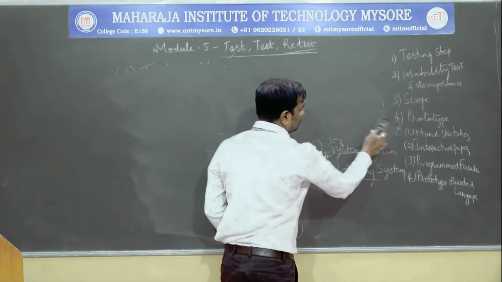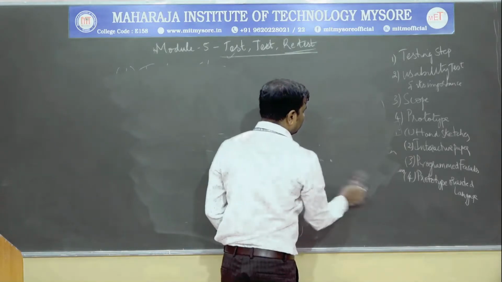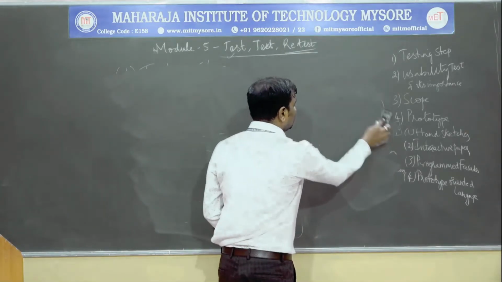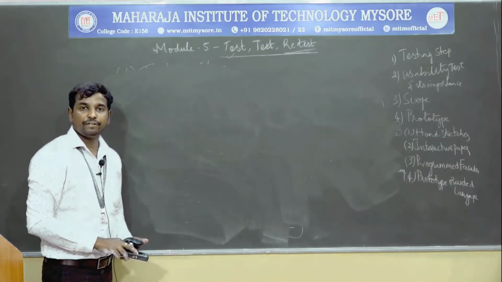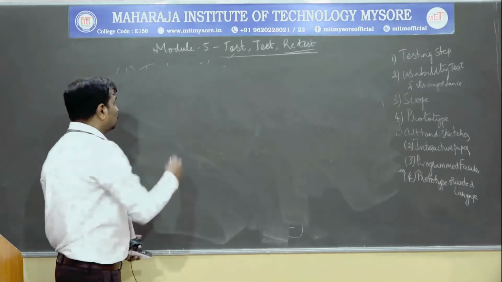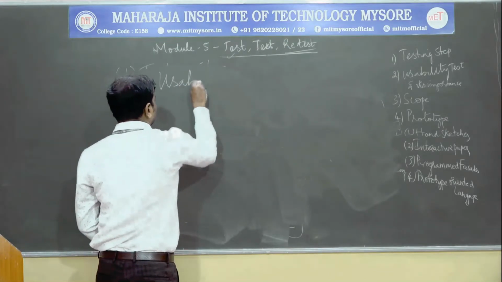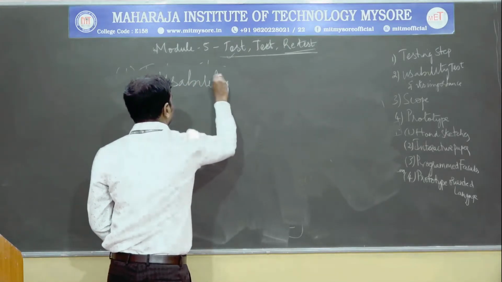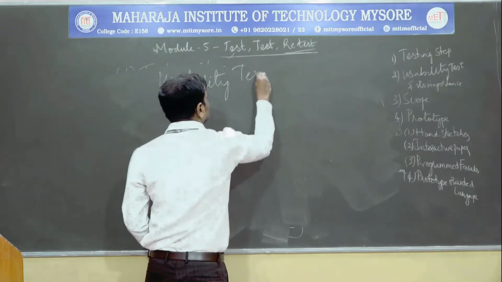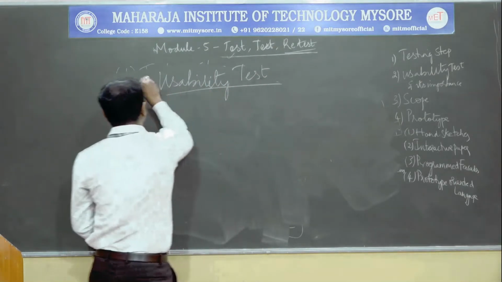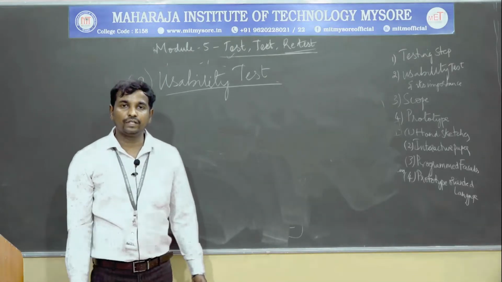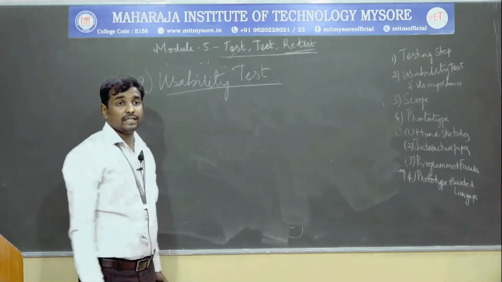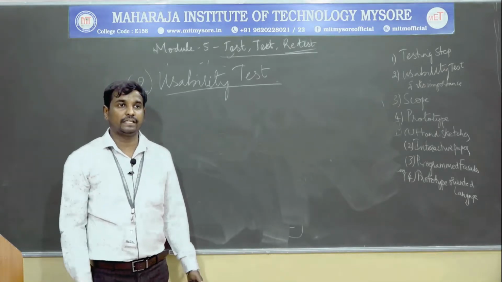Through the user's perspective itself, we need to design our interfaces. For that purpose, mainly we need to concentrate on the usability test. This is the second parameter we need to consider when we are going for testing.